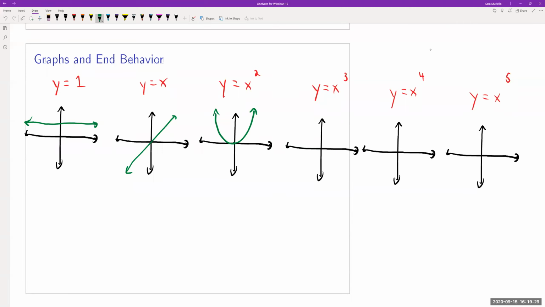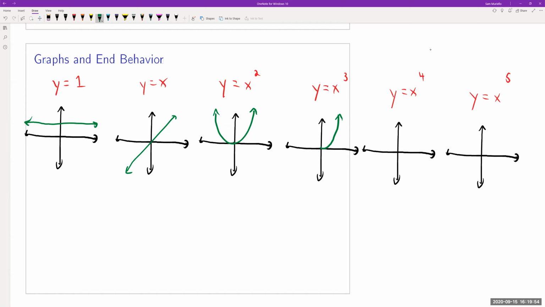Starting to look at x cubed, these are starting to be things we haven't seen before, but we're going to notice a couple of patterns. First of all, as x grows, the function is going to increase even more rapidly, except for near the origin. For small numbers, numbers between 0 and 1, the higher the power is, the smaller it will be. For example, if I had 1/2, the more times you multiply by 1/2, the closer you get to 0.